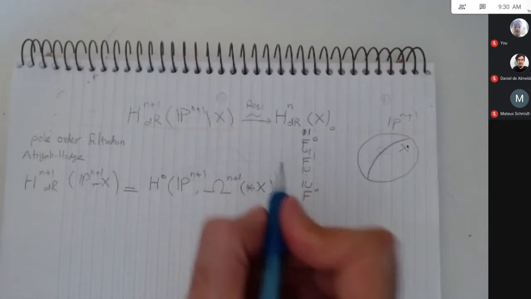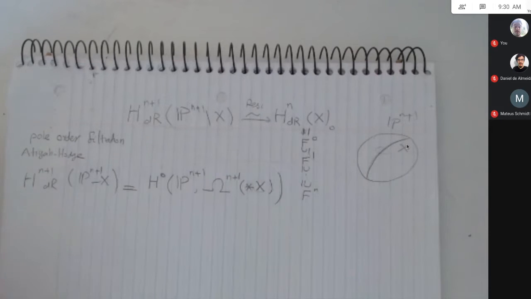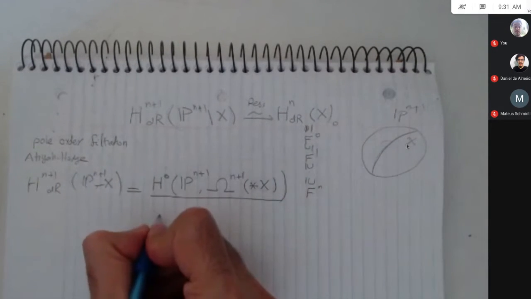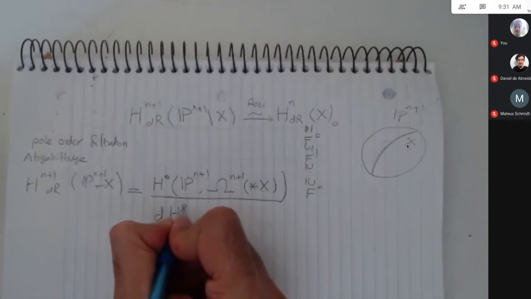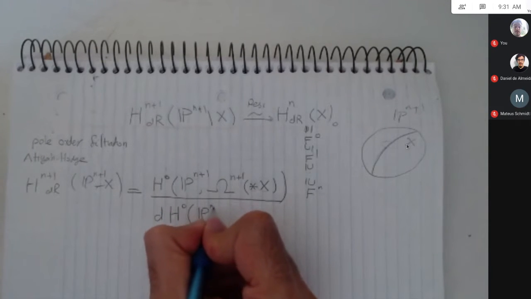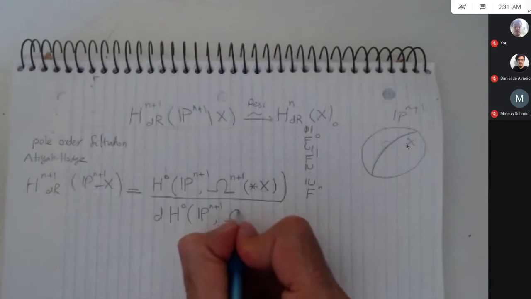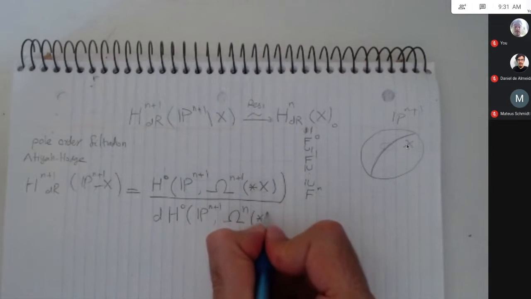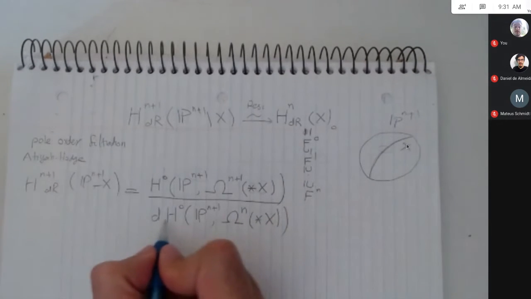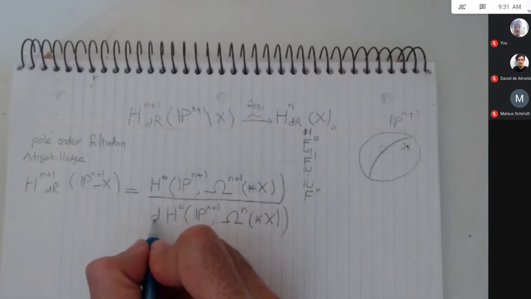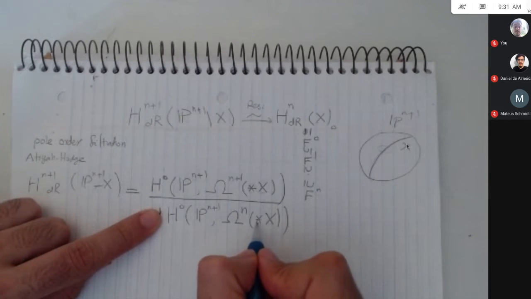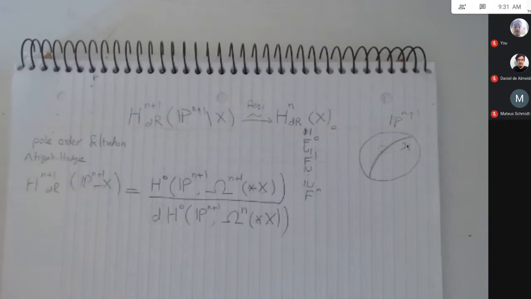So star means arbitrary order along X, modulo the exact ones. So it will be H^0 of P^{n+1}, Omega^{n+1}(*X): the global (n+1)-forms with poles along X of arbitrary order, and then their differentials.